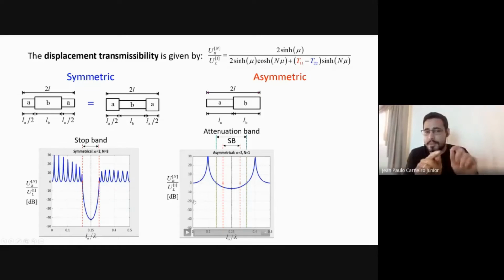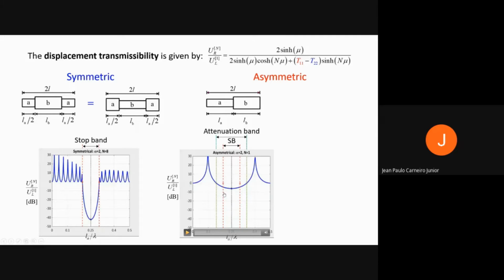Because of asymmetry, these terms are not equal, and it is not easy to clearly define an expression when the number of cells is large, but we can study it clearly for one cell. So let's start the animation again, please, and we see it for one cell first.